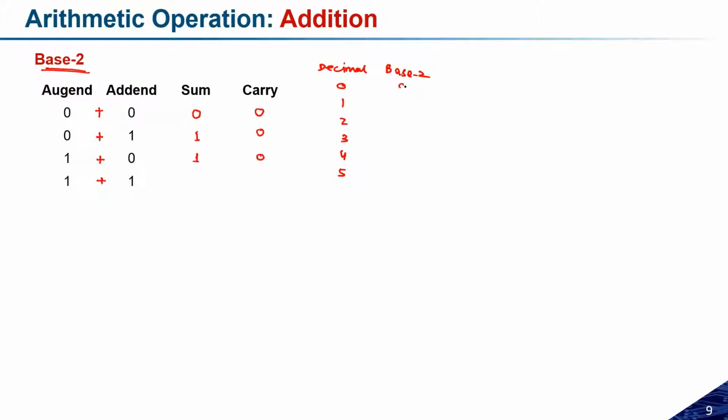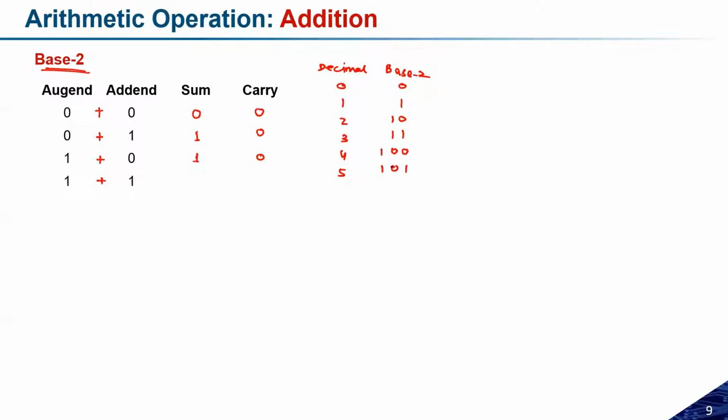For 0, it will be 0. For 1, it will be 1, because this is the limit of this symbol. Then for 2, I have to write 1, 0. For 3, I have to write 1, 1. Then for 4, 1, 0, 0, and for 5, 1, 0, 1, and so on. So this is the representation of the decimal number system in base 2.